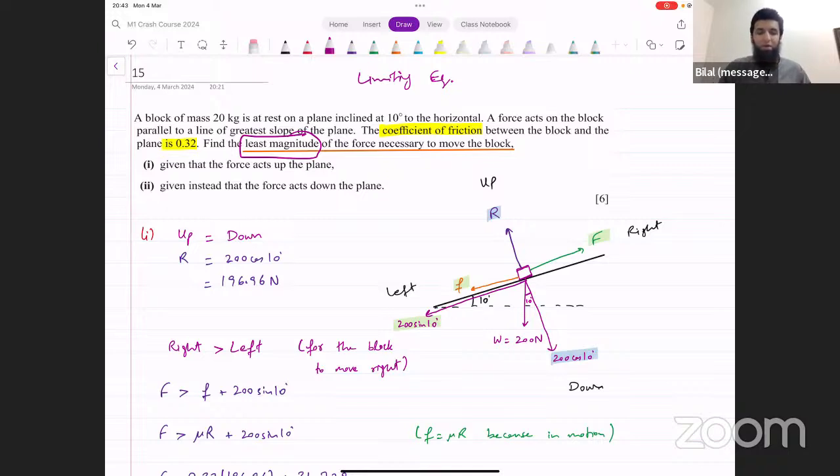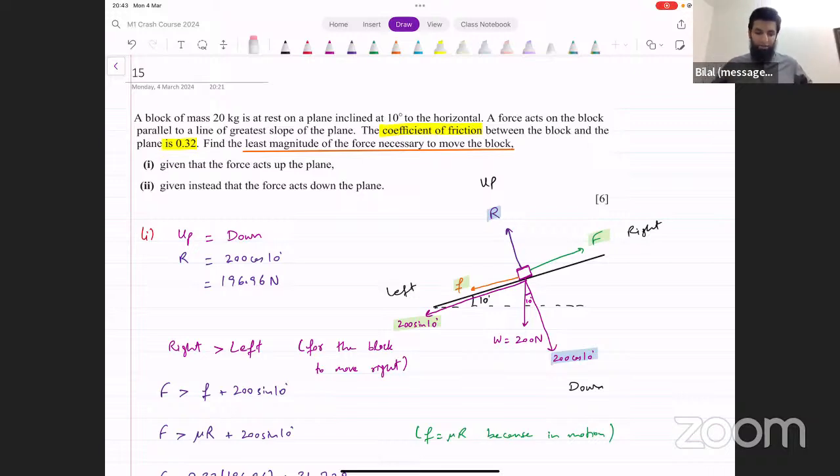So when you're looking for the least or greatest value of something, you're looking for extreme values, and those extreme values are normally found using the case of limiting equilibrium. You'll find this a lot in questions. Whenever they ask for least or greatest values, you will be using the case of limiting equilibrium there. We will write it down formally later as well, so you can remember that.